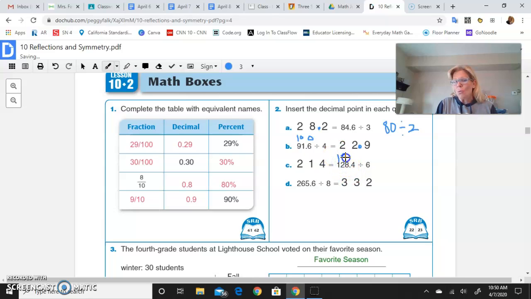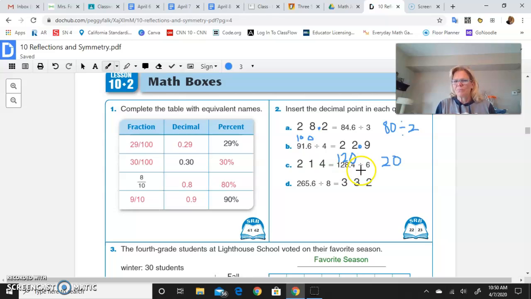I'm going to do 120, because, anybody know why? Anybody know why? Divided by 6, I know 6 goes into 12, or 120 exactly, which would be, anybody? 20 times. 20 times 6 equals 120.